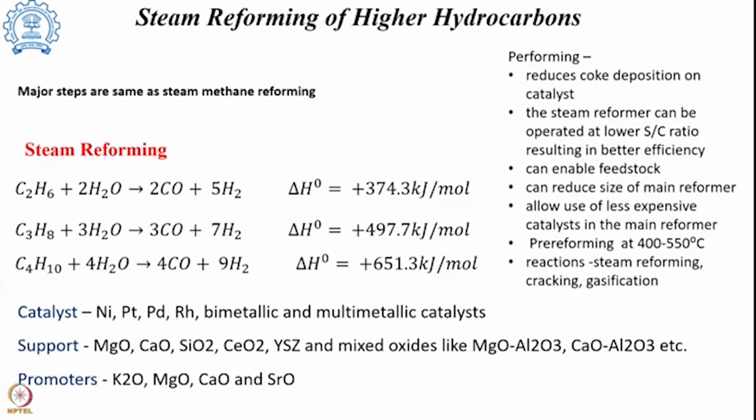Pre-reformers usually have reactions similar to the primary reformer, and the reaction conditions are 400 to 550 degrees centigrade of temperature, and the same catalyst, nickel on alumina, is used most of the time, and there are different reactions that take place in the reforming process like steam gasification, at the same time steam reforming, cracking reaction.